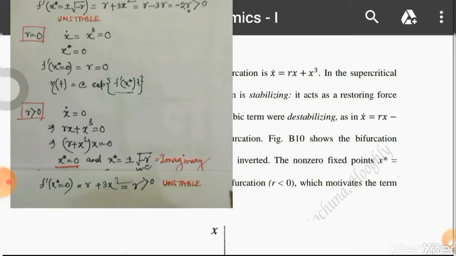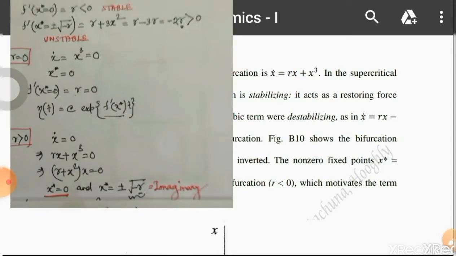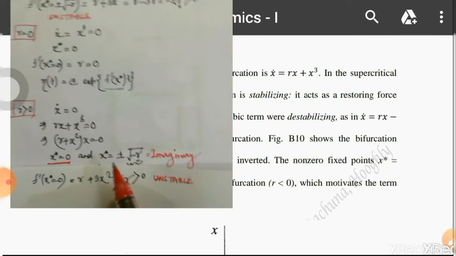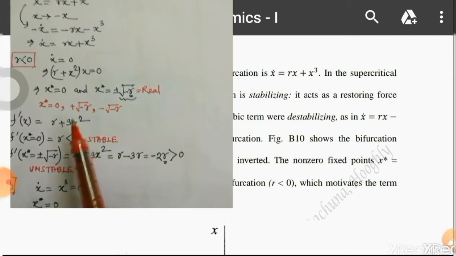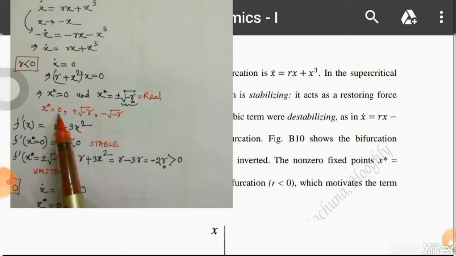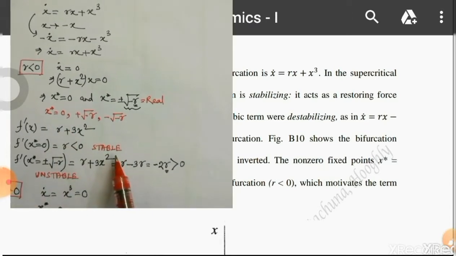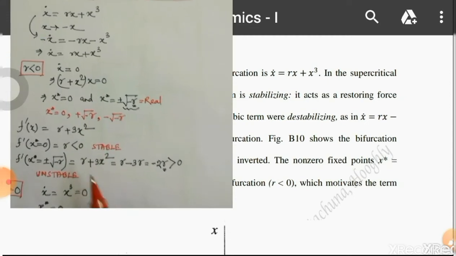Now for subcritical pitchfork bifurcation, we have three conditions. When r is less than 0, there are three fixed points, among which x equal to 0 is the stable fixed point, and the other two are unstable fixed points.